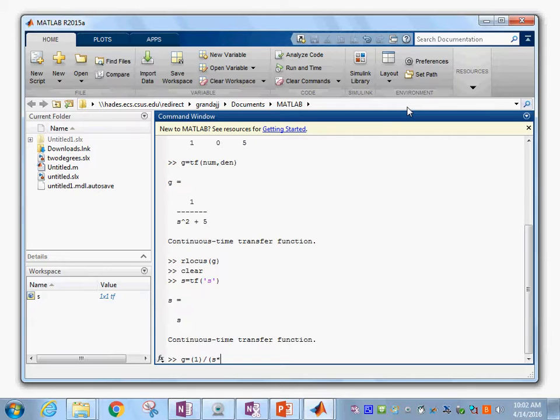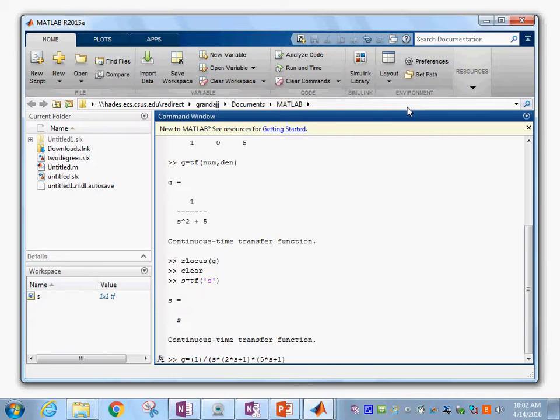S multiplied by 2, the computer understands it like this, plus 1, right? And what else did I have? I had the 5, and then multiply by S, and then plus 1 was there also? Am I right? This was the transfer function that we had, right?